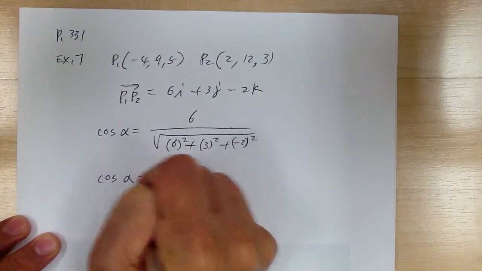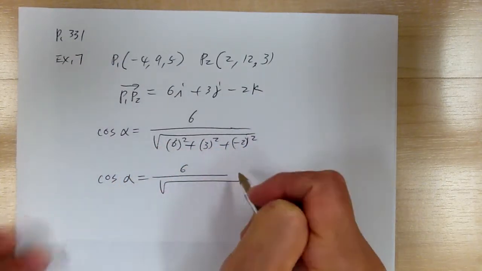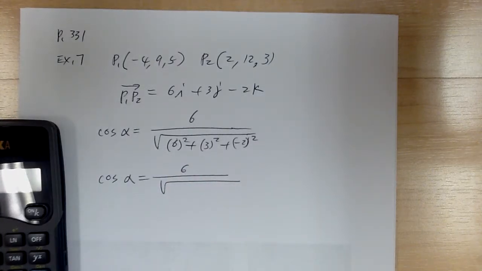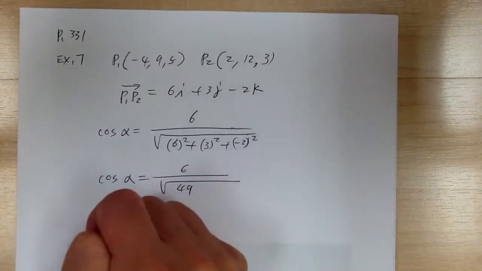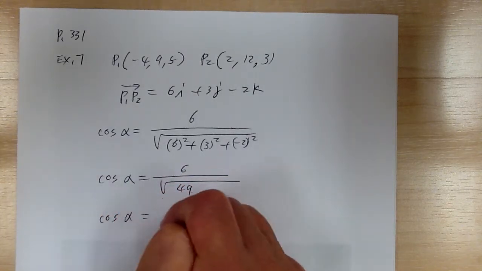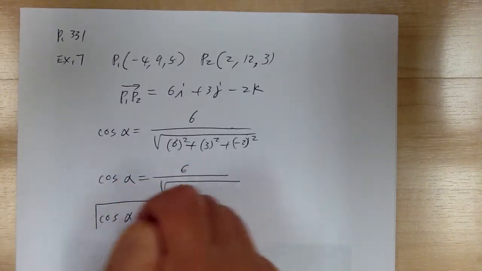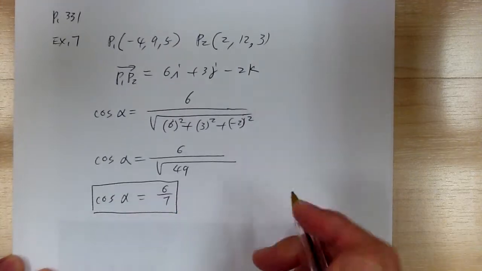So cosine alpha equals 6 over the square root of, you can use your calculator, work it out, 49. So cosine alpha equals 6 over 7. Okay. So again, they ask you for the direction cosine, and so that's it for alpha.